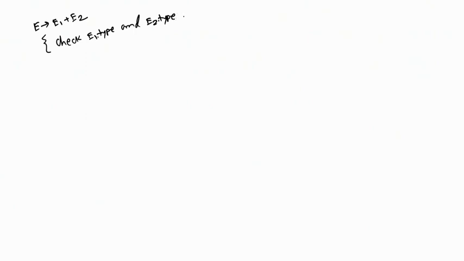Check that E1.type and E2.type are one of the basic types like character, integer, float, double. If we are talking in terms of the C language, these are the basic types that we have, so it has to be one of those types.